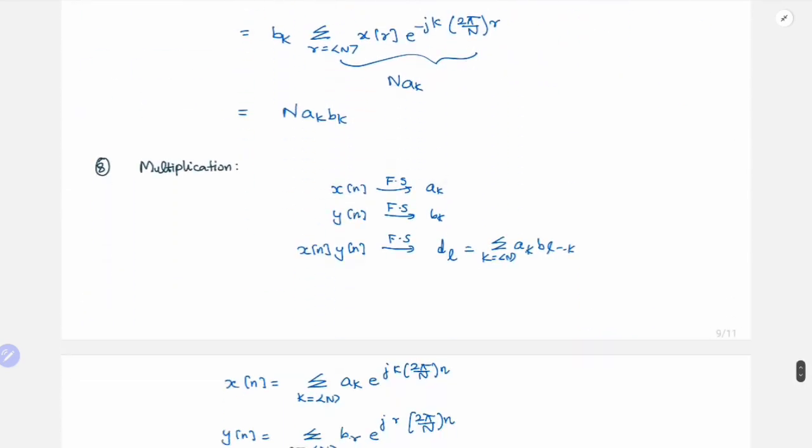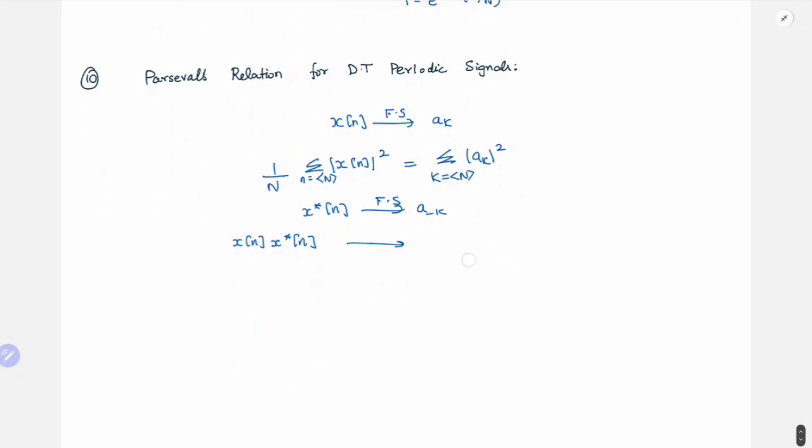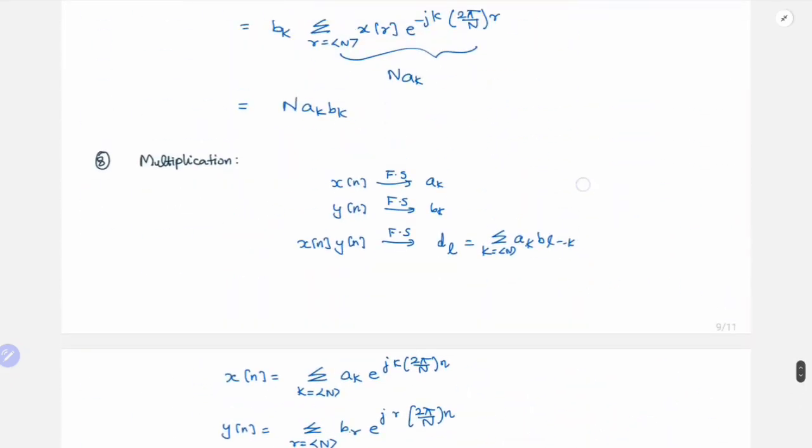So dl equals summation over k in N of ak into b of l minus k.